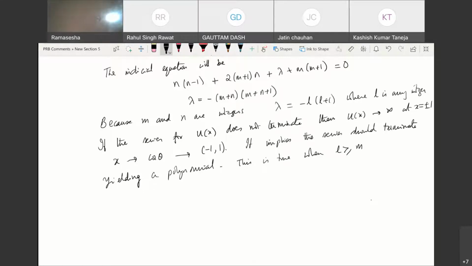And now you almost see that L into L plus 1 is like the total angular momentum, and M is like the Z component of the total angular momentum.